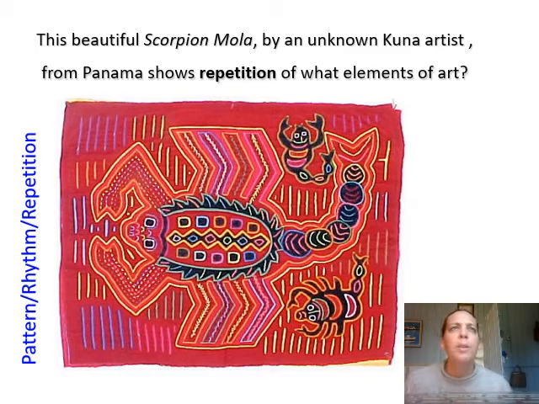It's from a Cuna artist from the Panama region, and it shows repetition of which elements? Which elements are repeating here? So yeah, you might have said it, but the colors repeat, the lines repeat, the shapes repeat.